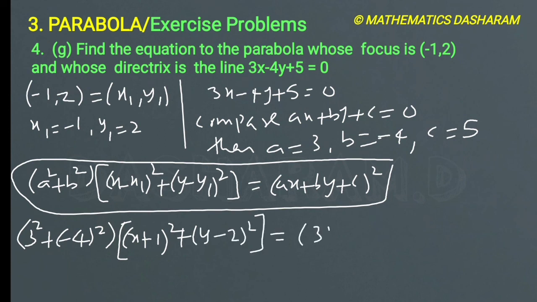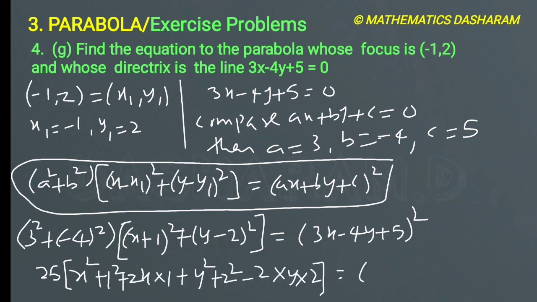Now (3x minus 4y plus 5) whole square equals 3 squared 9, minus 4 whole square 16, total 25. Here we use the (a plus b plus c) whole square formula: 3x plus minus 4y plus 5 whole square.